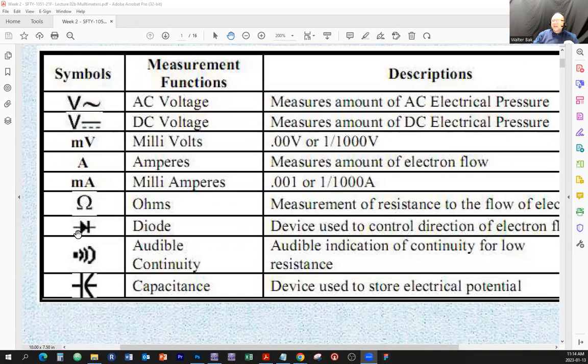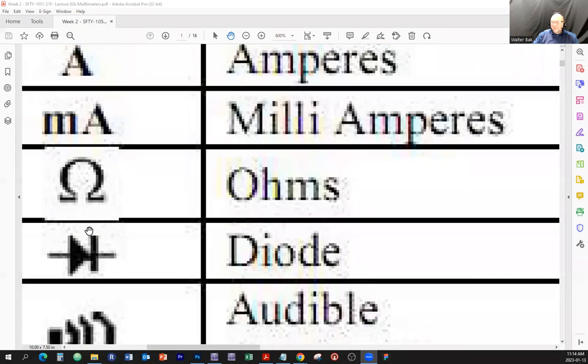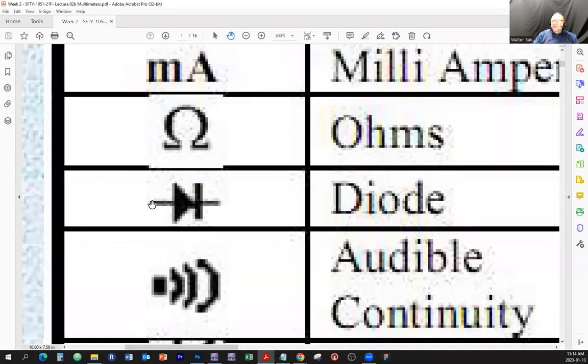This little sign here is the symbol of a diode, and it's a diode tester. A diode conducts one way and doesn't conduct the other way. Here is the positive side of the diode, and here is the negative side.